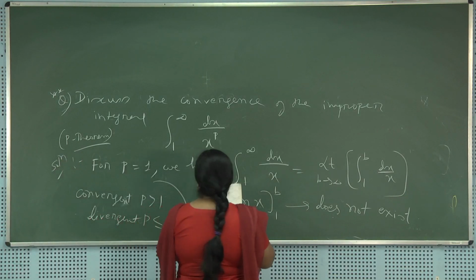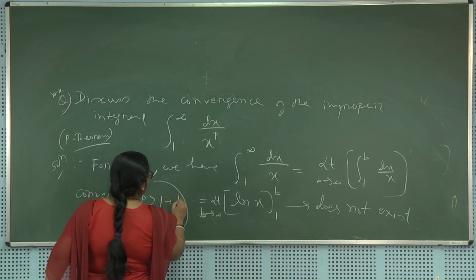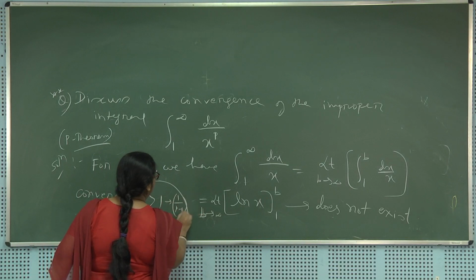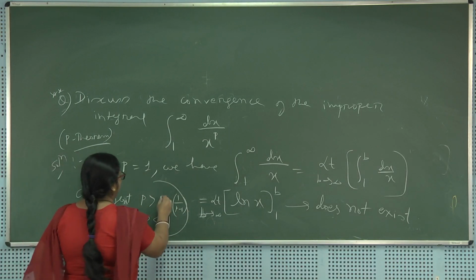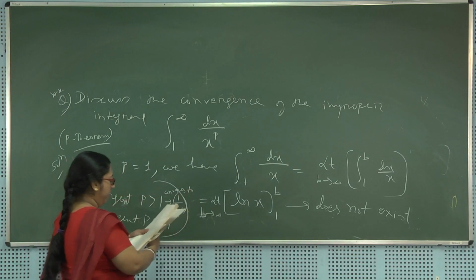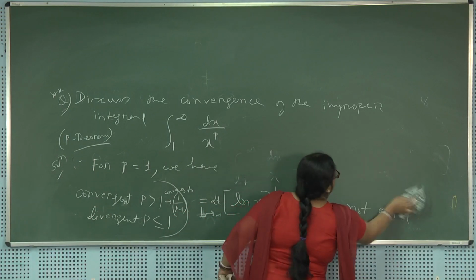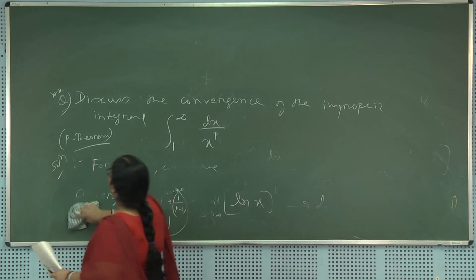Okay? And if it is convergent, it converges to the value 1 by p minus 1. This is the value it will converge to, 1 upon p minus 1. So, take down some problems relating to this.